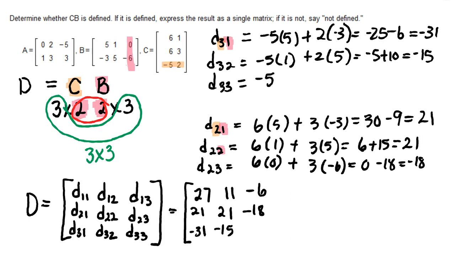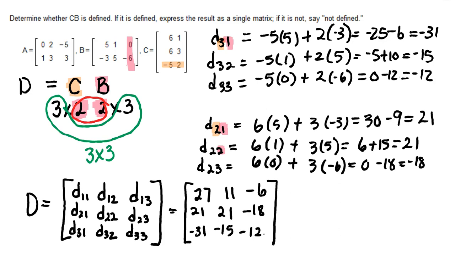And our calculation would be -5 times 0 plus 2 times -6, which is 0 minus 12, and that's -12. So this is the new matrix of C times B.